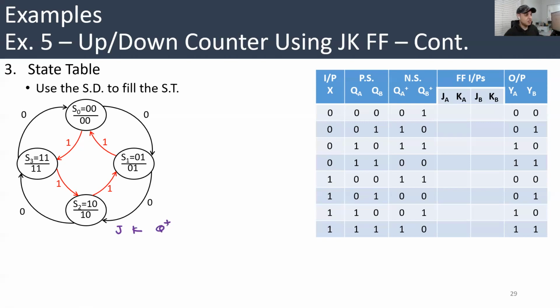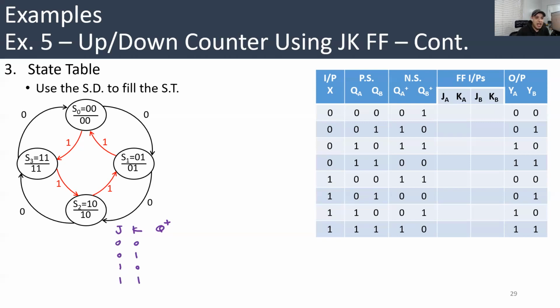Again, as we said last time, I'm going to use Q plus to represent Q of t plus 1, the next state of the output of the flip-flop, and the current state is just Q, which is Q of t. JK has 4 combinations: 0 0, 0 1, 1 0, and 1 1.